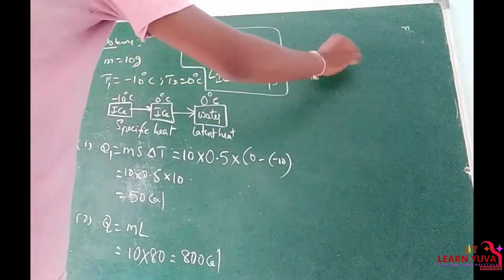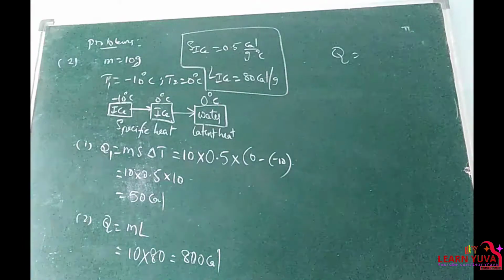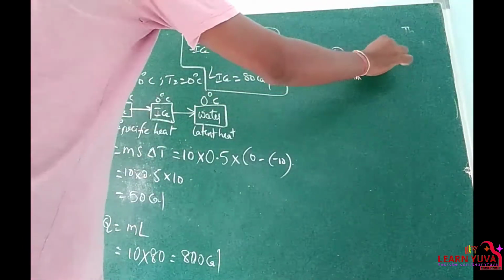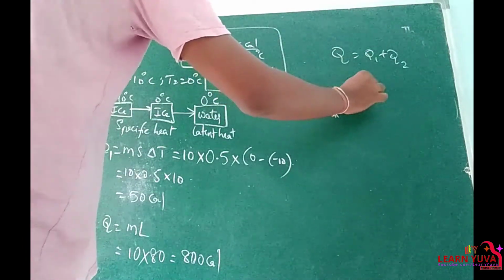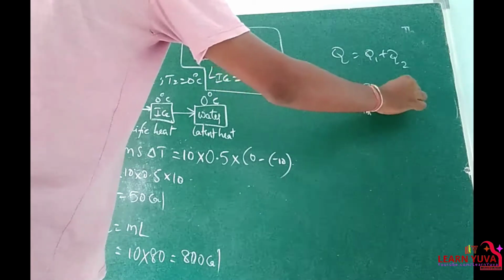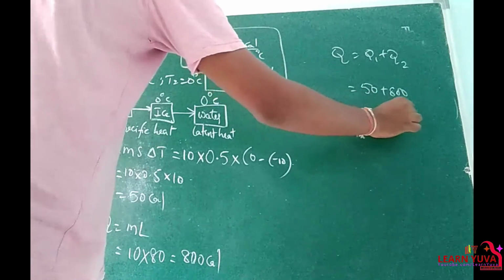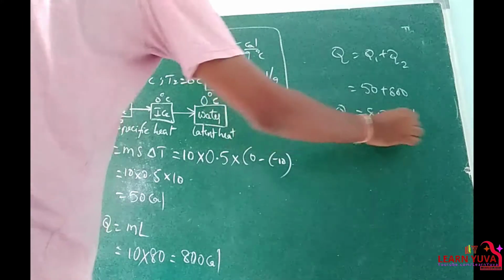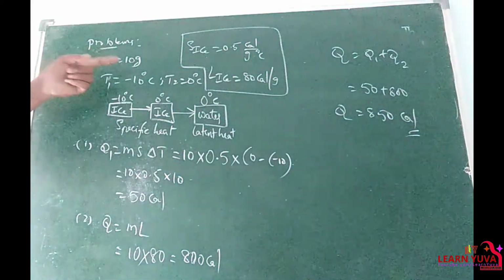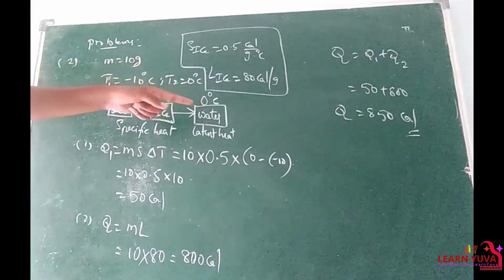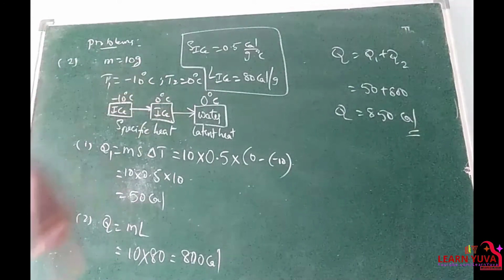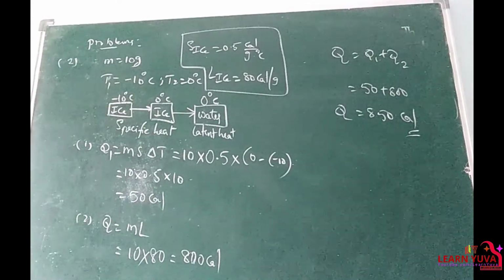So the total heat energy required, Q is equal to Q1 plus Q2, 50 plus 800, that is equal to 850 calories of heat energy required to convert 10 grams of ice from minus 10 degrees Celsius to water at 0 degrees Celsius.